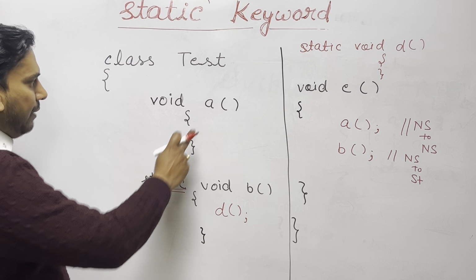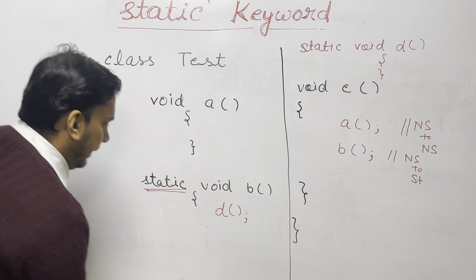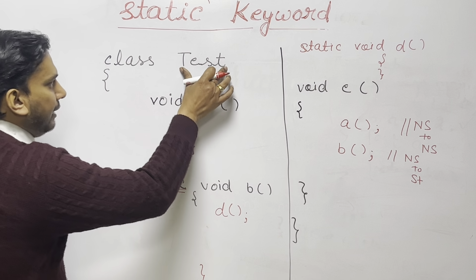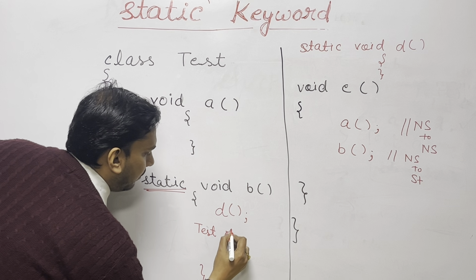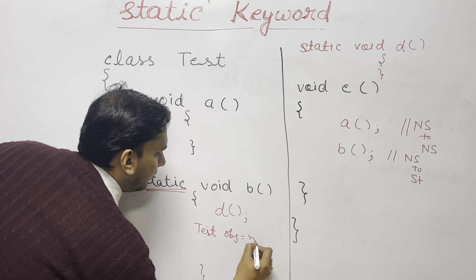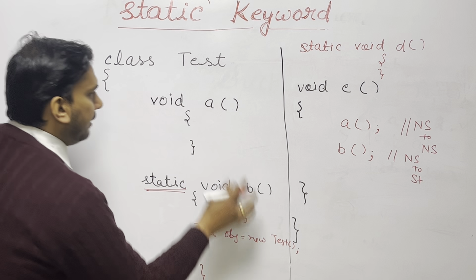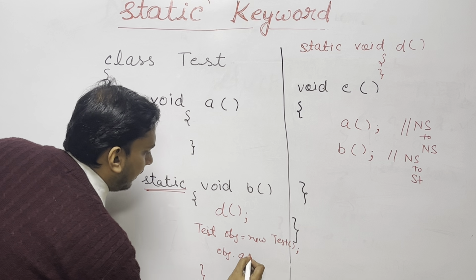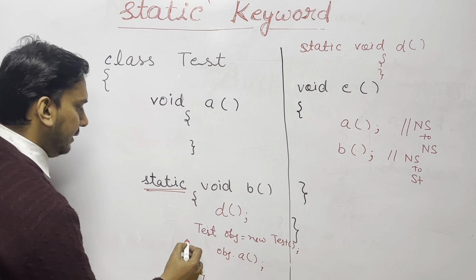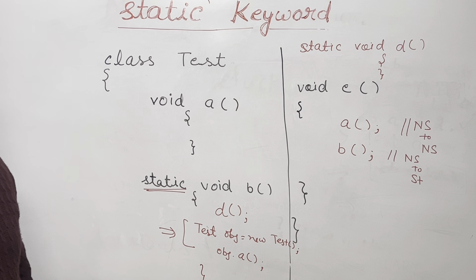So if I have to call A, you write here Test obj = new Test, and then call obj.A. This is the correct way of calling the non-static member of your class.